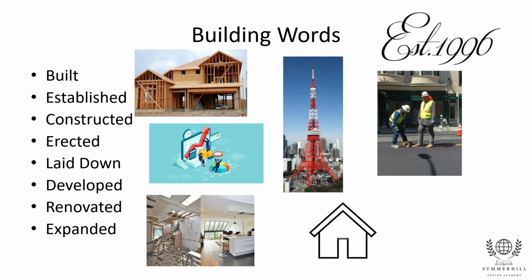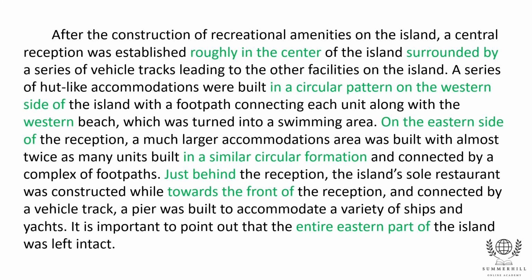And again, for expanded, it's a little bit different than develop, because with expansion, we're actually leaving the original features intact. We're simply building up additional features along with the existing features that we see. So, and again, very important here, we're using those position markers, words that signal where places are, right?